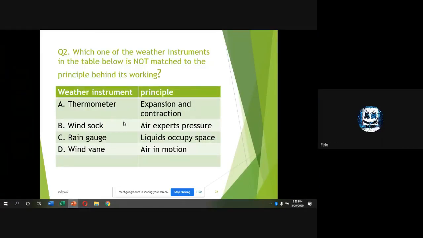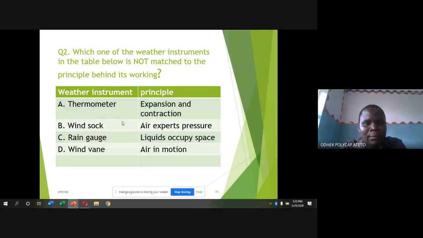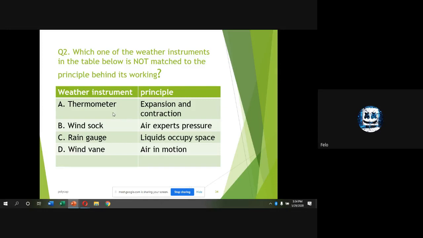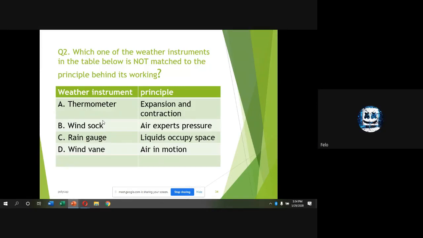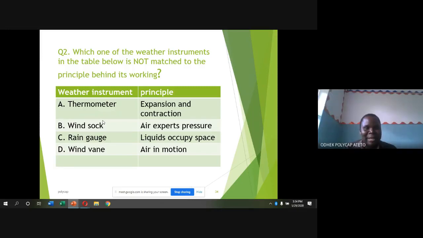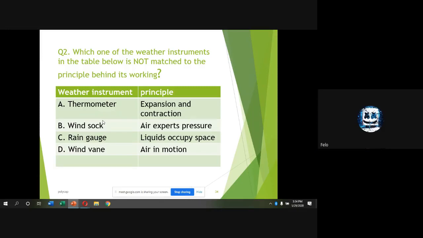Okay. Which one of the weather instruments in the table below is not matched to the principle behind its working? So before you do that question, Felix, you have to tell us the weather instruments that we have, the ones that are there, and their principle.